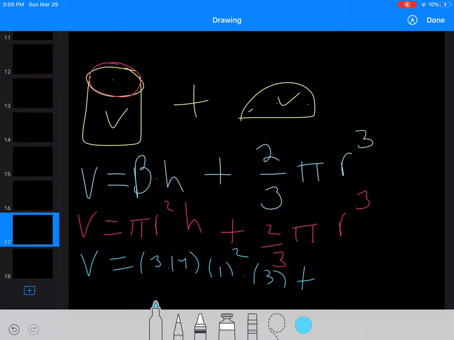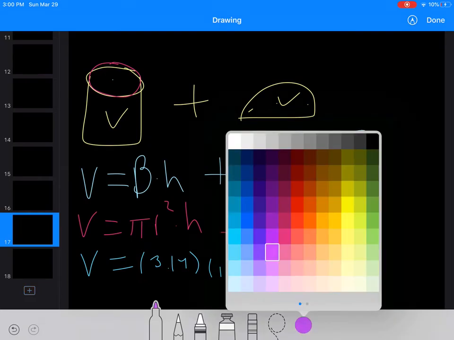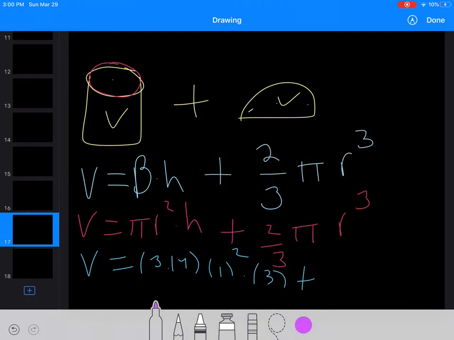Plus, let's use a different color for the second formula: 2/3, 3.14, that's the approximation of pi, and r is 1, cubed. Now all we have to do is plug those values into our calculator.